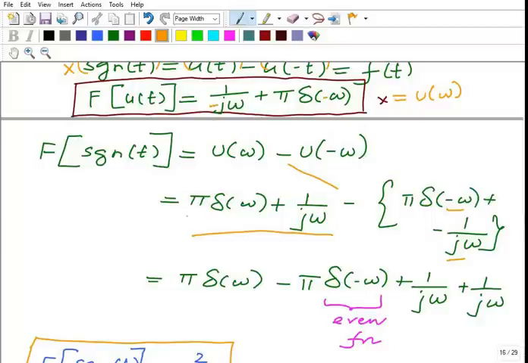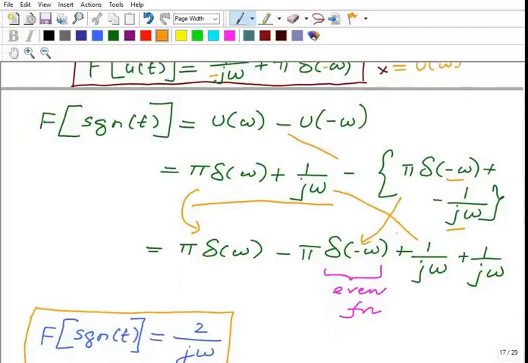Simplify this. So pi into delta omega, then 1 over j omega, minus pi into delta minus omega, and this minus into minus gives plus 1 over j omega. We discussed in today's class that the impulse signal is an even function, so delta minus omega is delta omega. So the first term and second term cancel.